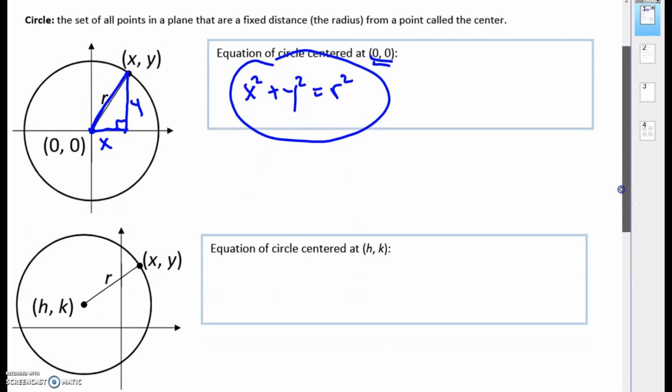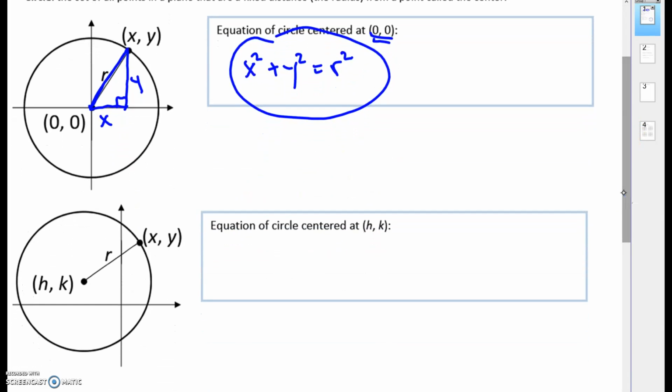But let's see what happens when I move my center to a new place. Now I've got a point at h comma k, and that's my center. I know this is x, so this horizontal distance here is the same thing as x minus h, whereas my vertical distance here is the same thing as y minus k.